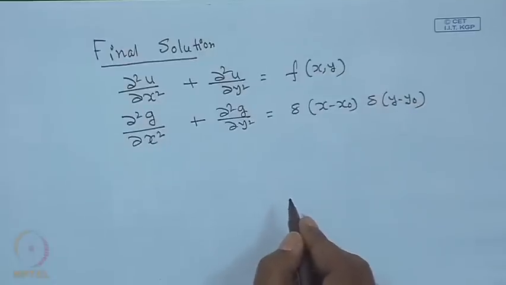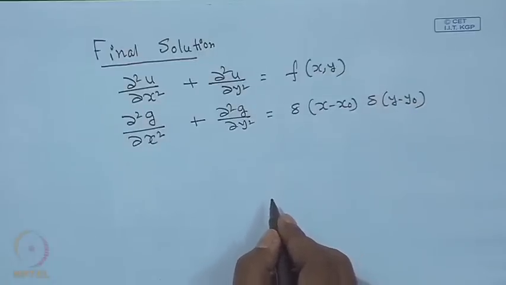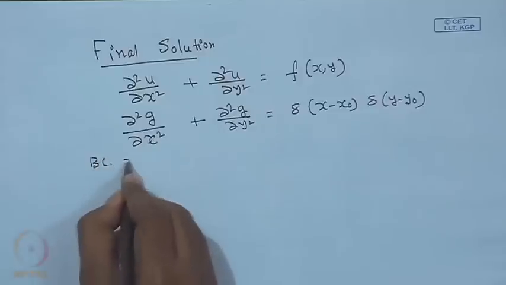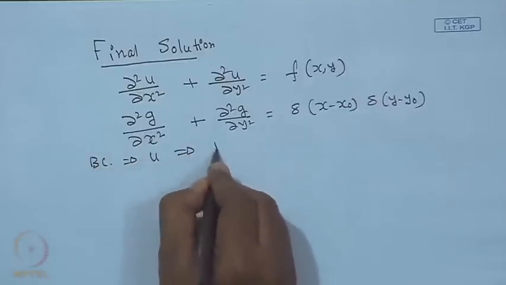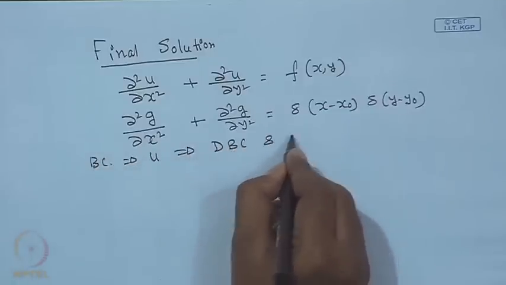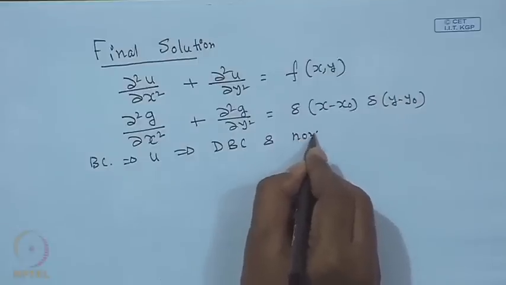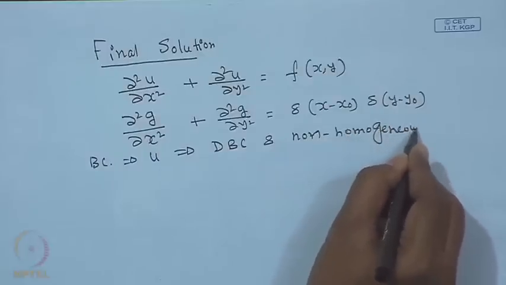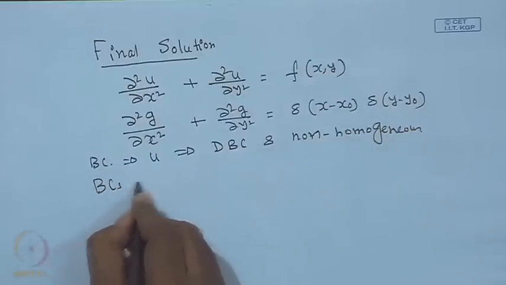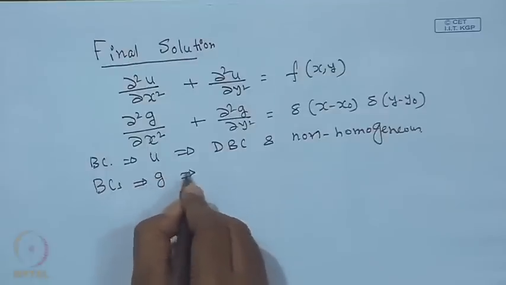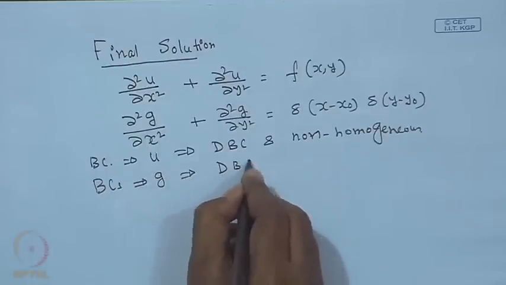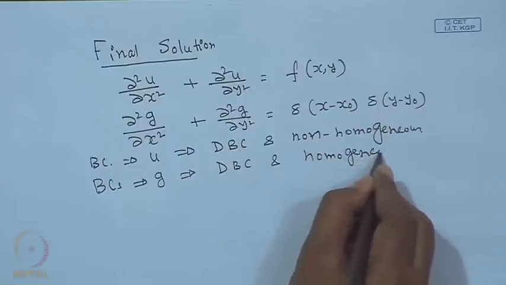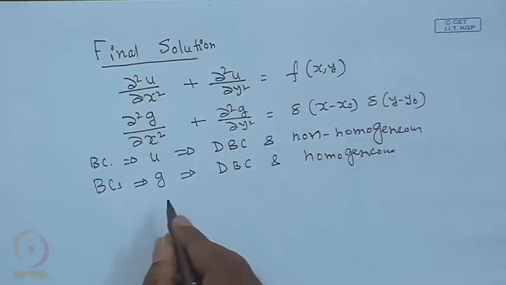So, this non-homogeneity in the governing equation is replaced by the Dirac delta function. Boundary conditions on U are Dirichlet and non-homogeneous. Boundary conditions on G are all Dirichlet and homogeneous. So, therefore, what we do?